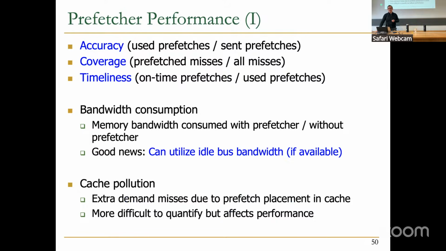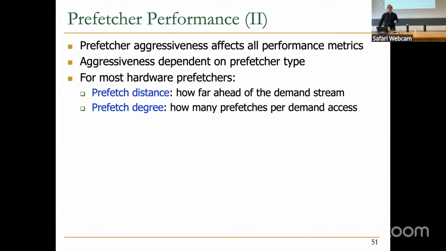It is essentially measured as extra demand misses due to prefetch placement in the cache. It's a bit more difficult to quantify, but it affects performance, right? Because you need to keep track of whether a prefetch evicted a block that's going to be used later, right? Because you may evict a block that's not going to be used potentially, right? Okay, so essentially prefetch aggressiveness affects all performance metrics.